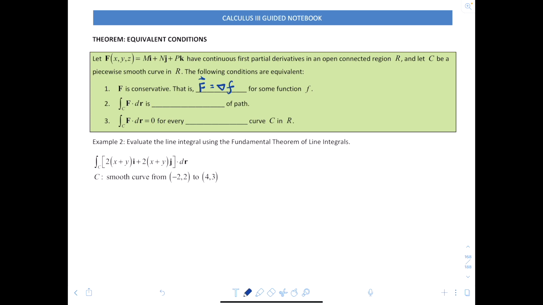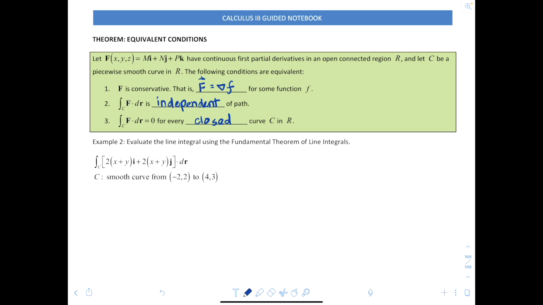The line integral over the piecewise smooth curve of f dot dr is independent of path. And the line integral over the piecewise smooth curve of f dot dr equals 0 for every closed curve C in R. Cool, cool?